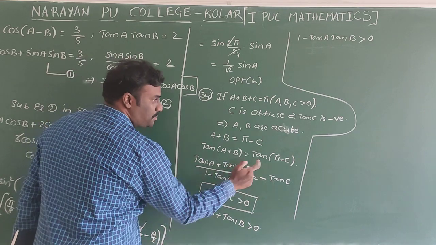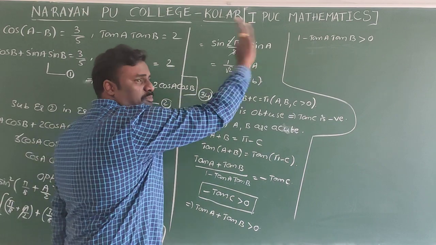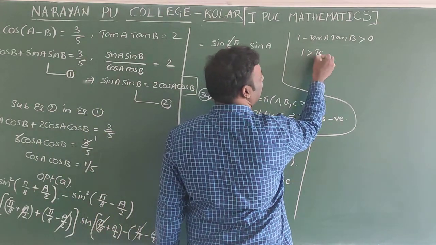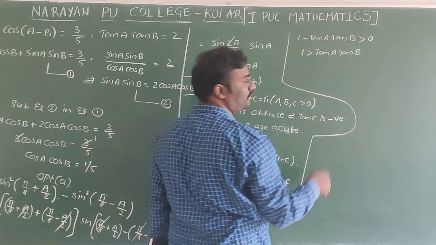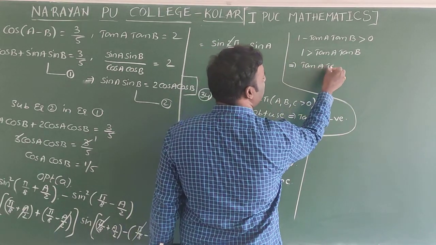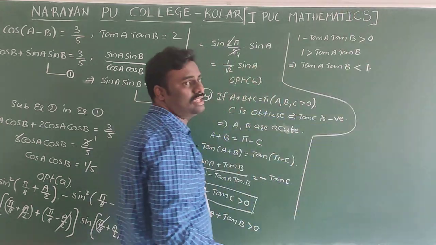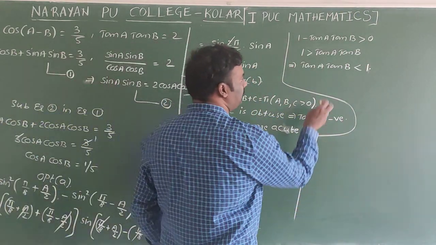If a ratio is positive and its numerator is positive, then obviously the denominator is also positive. From this I can write 1 greater than tan A tan B. This I can write as tan A tan B is less than 1 is the answer. Now for this, option B is the correct answer.